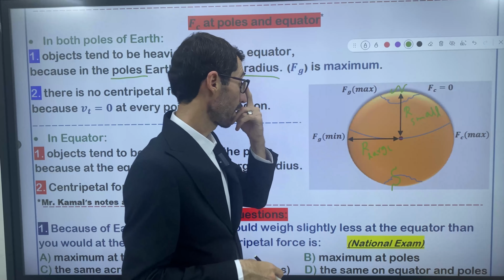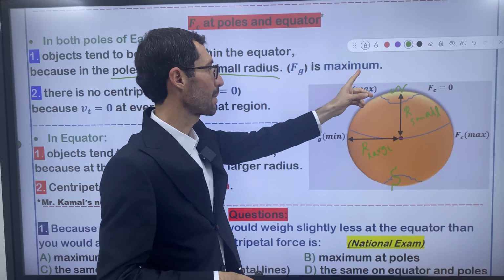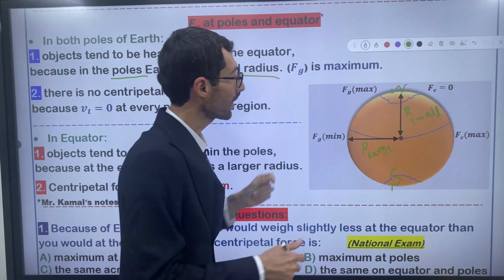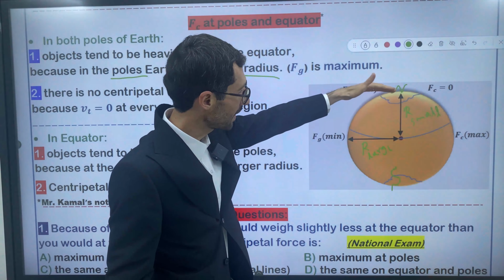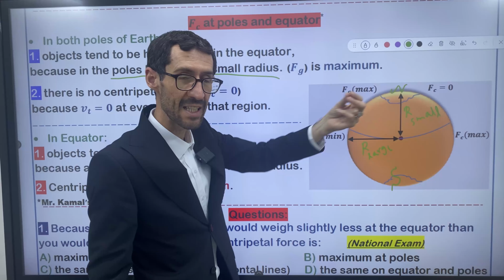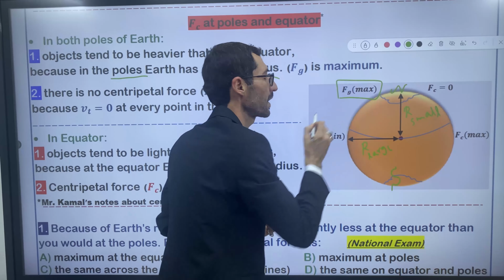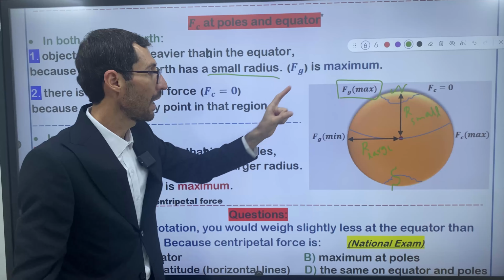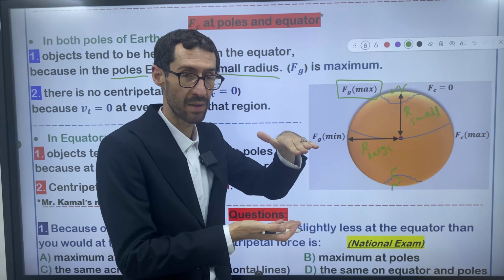This is an introduction to this subject. And we can say Fg is maximum at the pole, because the Earth at the pole has a small radius. Keep in mind that Fg at the pole is maximum because it's closer to the center.